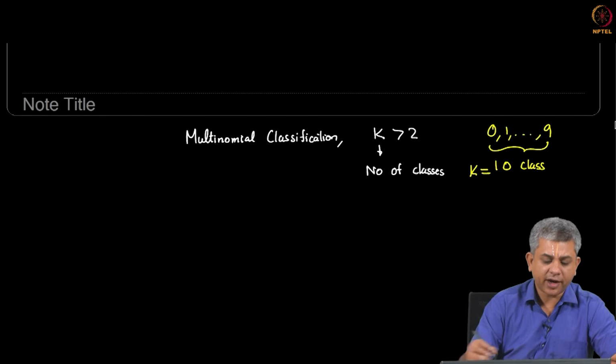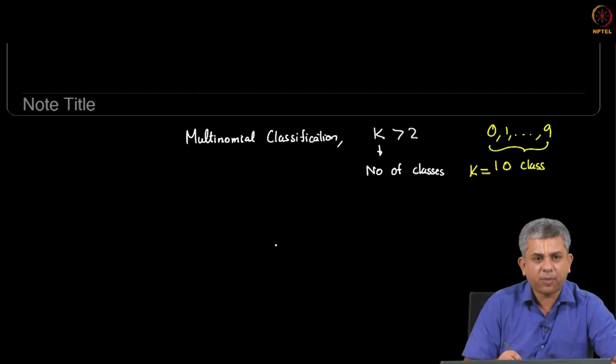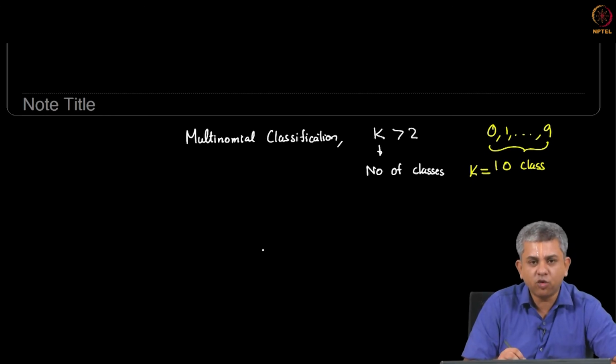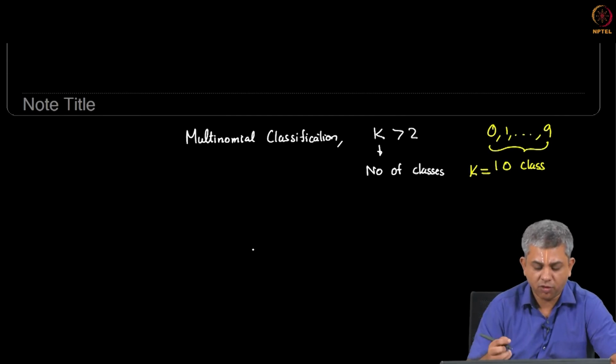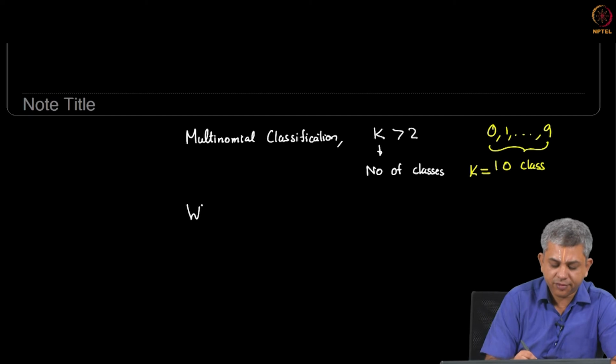Okay. So, when we try to solve such problems, there are primarily a few things that we have to do over and above what we did for the binary classification problem. Okay. So, what we need is the following.